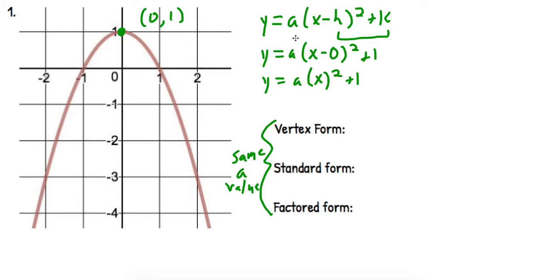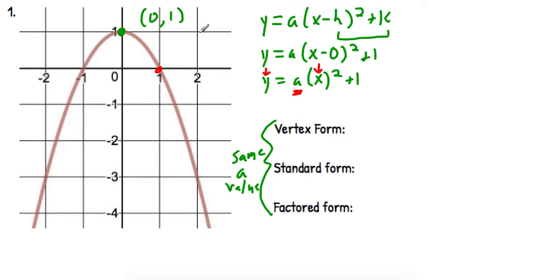So the last thing I need to figure out is what this a value is right here. And there's a couple ways you can do that. I could do that algebraically. I could take another coordinate and substitute it in for x and for y, and solve for my a value. But what's nice is in some cases like this one, you can actually just identify by looking at the graph what the a value is.